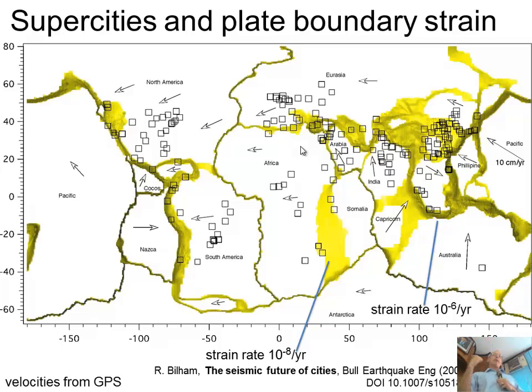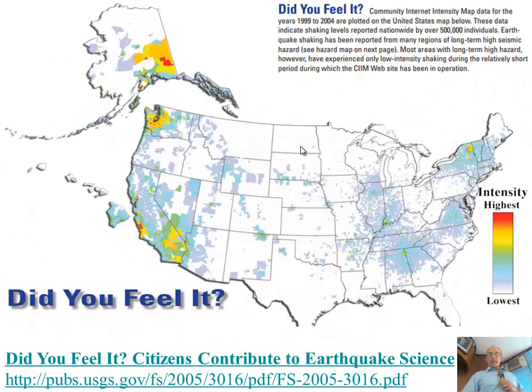So examples are Istanbul, Tehran, many cities of Southeast Asia. So we have to be careful to keep in mind these things.